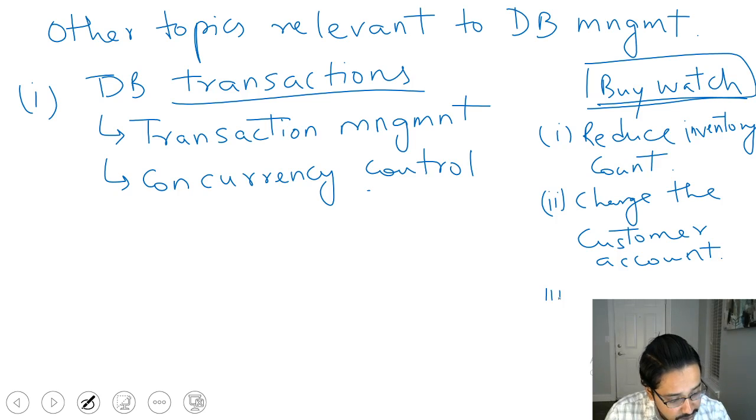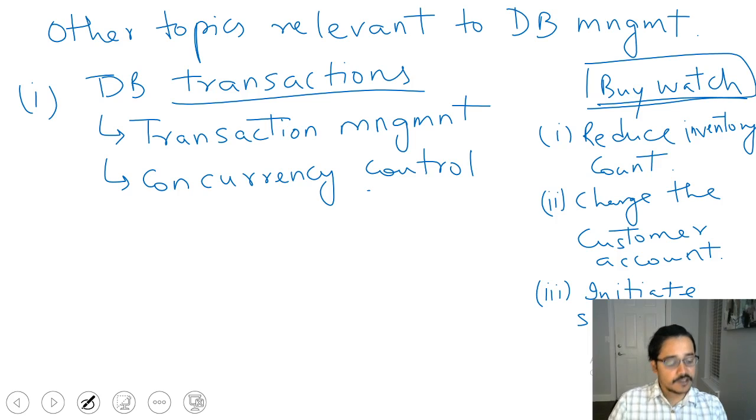And then let's say you have to initiate shipping. You have to ship the product because it is an online product selling company. You have to find a shipping company, and you have to deliver them the product. You have to give them the address, and you have to track that shipment to make sure that it reaches the customer, or whether it got delayed, and so on and so forth.